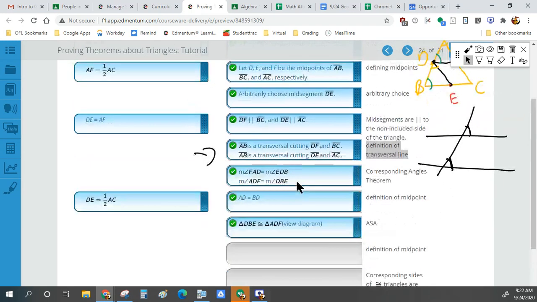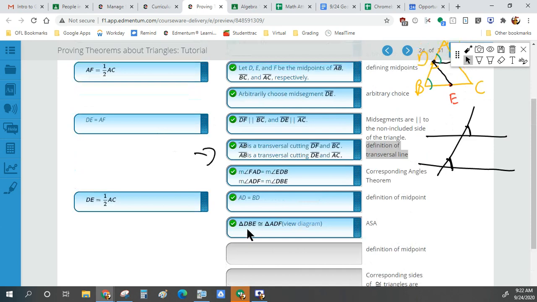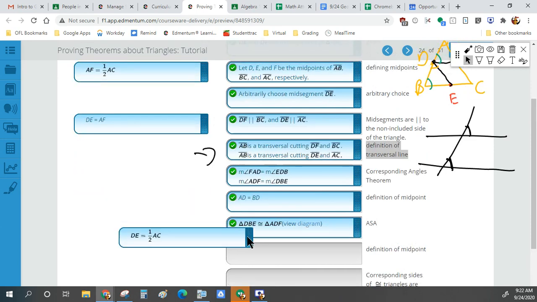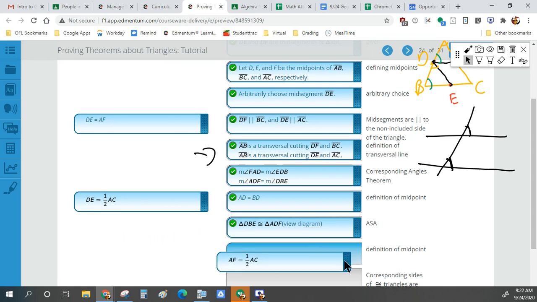So from there, they're saying, hey, we're going to use the definition of a midpoint again. Well, I have a feeling we're talking about this one. And of course, they're changing up what they mean by definition of a midpoint. So now, since they're talking about AD and DE, they're going to be using this angle. Why are they being so picky?